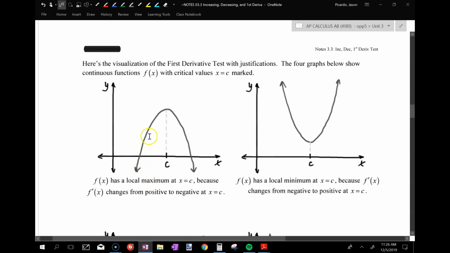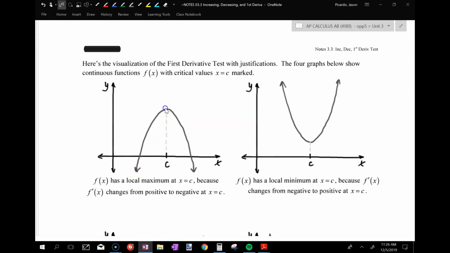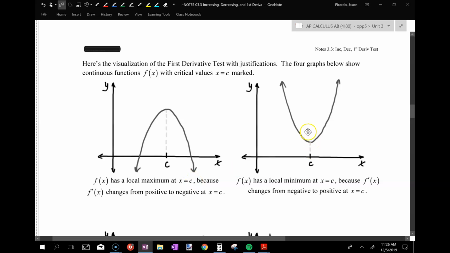Go. Okay. Again, increasing, maximum, decreasing. Okay. Same words. Ready? Okay. Do you guys agree that the minimum occurred after I decreased and then increased?